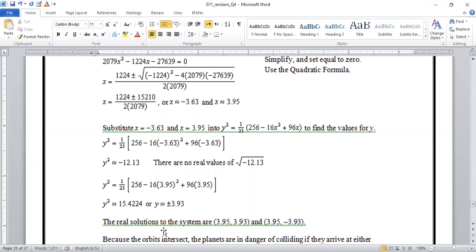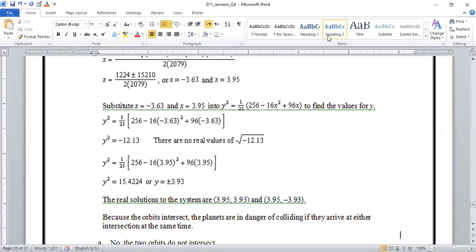The real solutions to the system are 3.95 and 3.93, and 3.95 and negative 3.93. Because the orbits intersect, the planets are in danger of colliding if they arrive at either intersection at the same time.